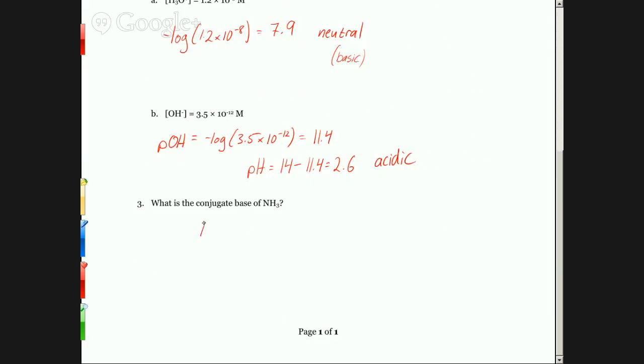I think about it as what would happen if NH3 is an acid. It's going to lose hydrogen, and then what's left if it's lost H+? NH2 minus, right? So the conjugate base of NH3 is NH2 minus. It's NH2 after it loses its hydrogen ion.